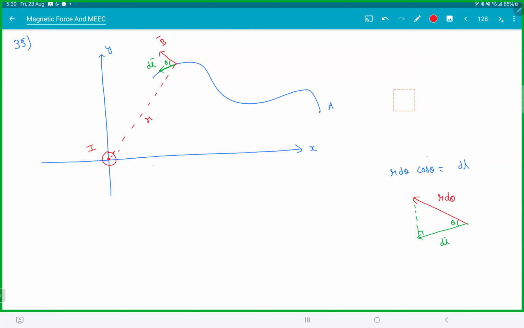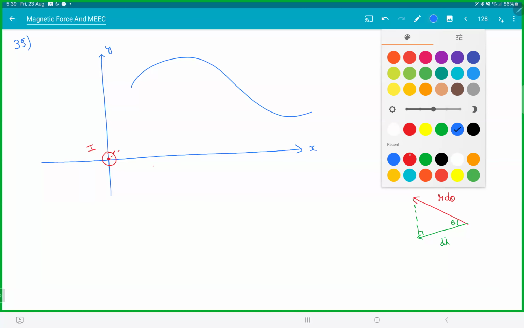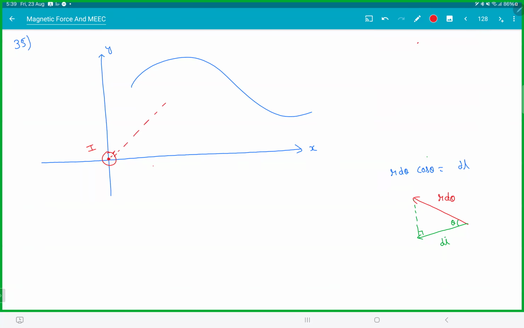I should draw a little bigger curve. See, I'll just exaggerate the figure here. This is your magnetic field. dl bar is in the direction of the loop. This is your dl.